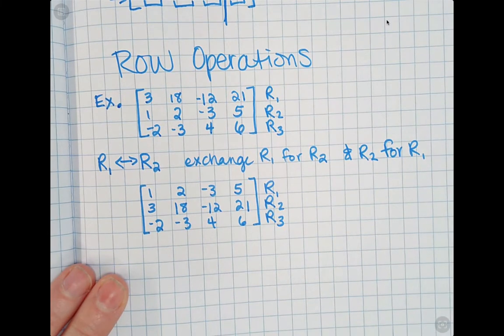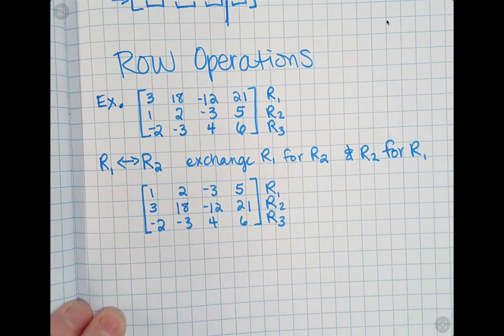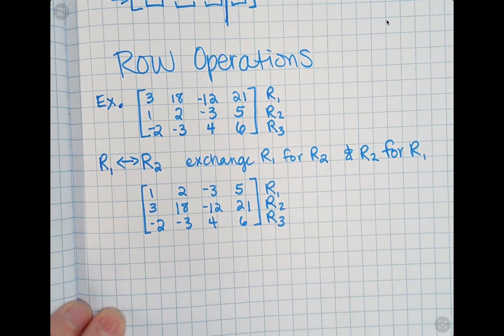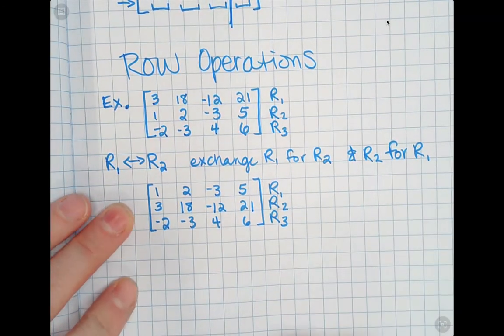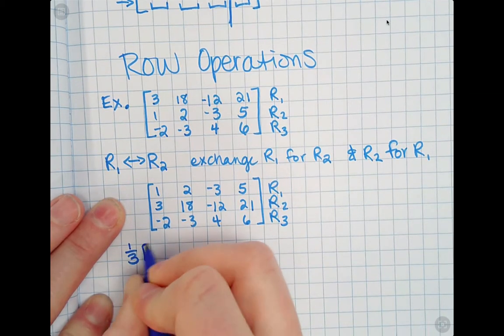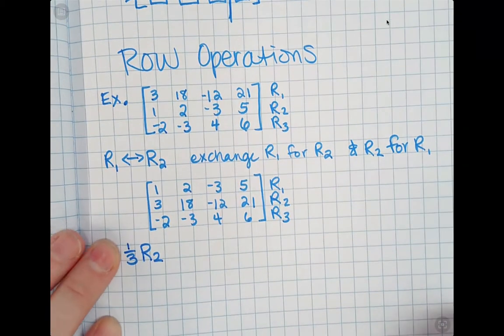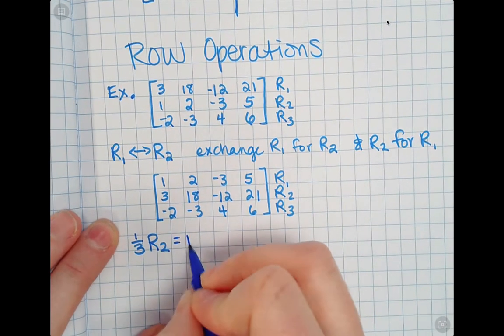Okay, so the reason we would want to do these different row operations is so that we can reduce our matrices and actually solve for our variables. And that's what our calculator does whenever we input it in. It does all the magic for you. But I want you to be able to do it without that. So then let's say we want to do 1/3 of R2 to get our new R2.